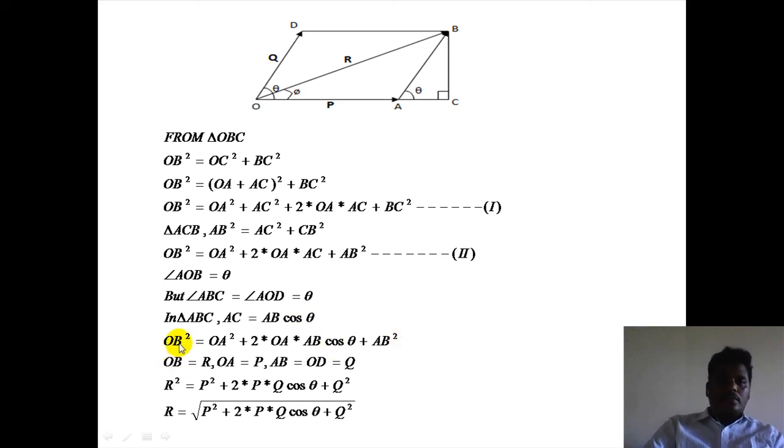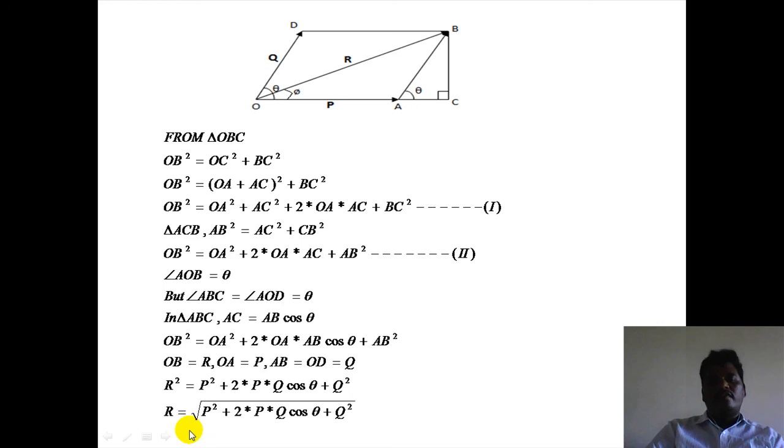Now OB is equals to R, OA is equals to P, and AB, OD is equals to Q. So R square is equals to P square plus 2PQ cos theta plus Q square.